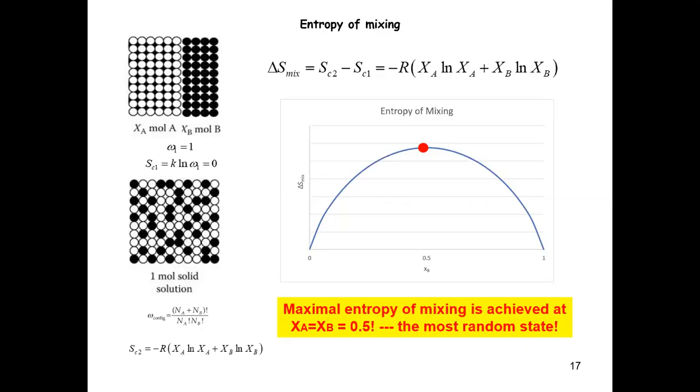I'm sorry? So this is entropy of mixing, right? The reason why you say it's decreasing is because you choose to look at the entropy as a sole function of XB, right? So we're looking at the entropy as a function of XB, and there's no reason why entropy cannot decrease if you increase XB.